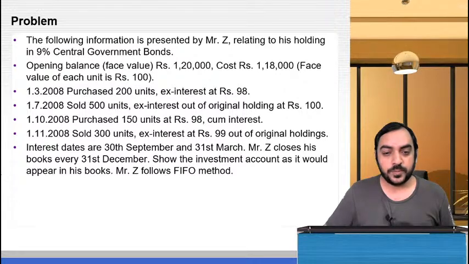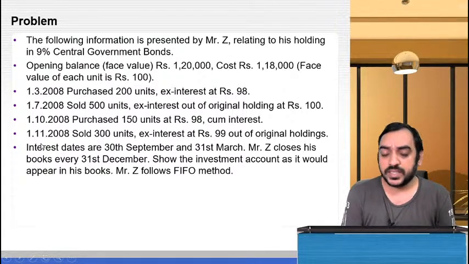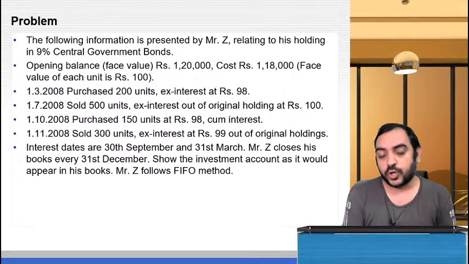Coming to this problem, the following information is presented by Mr. Z relating to his holding in 9% central government securities. Opening balance: face value 1,20,000, cost 1,18,000, face value of each unit rupees 100.